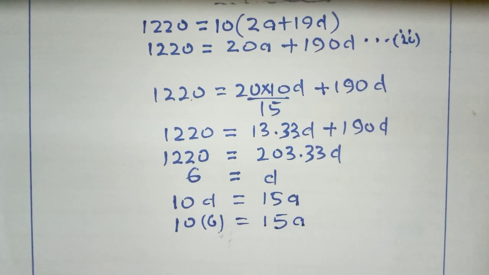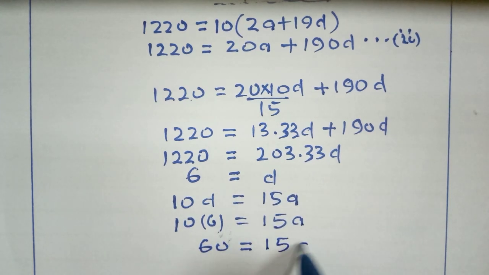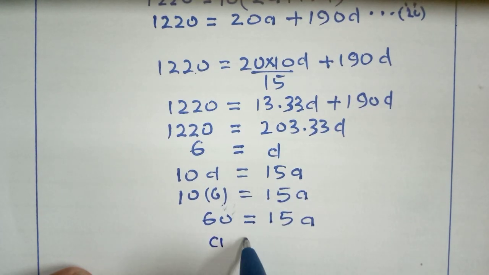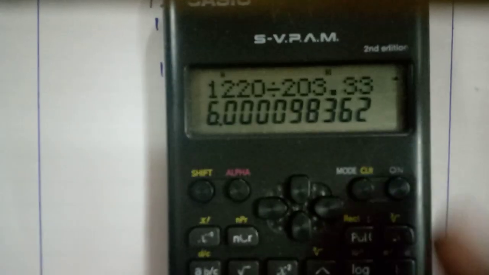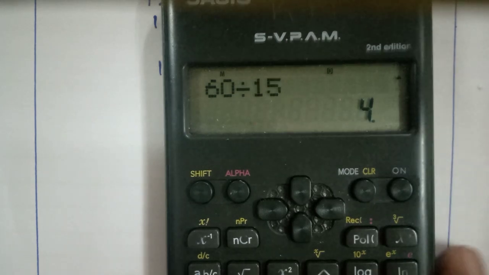And this one, of course, is supposed to be 60, equals 15A. And so our A, guys, is now going to be 60 divided by 15. 60 divided by 15 gives us 4.